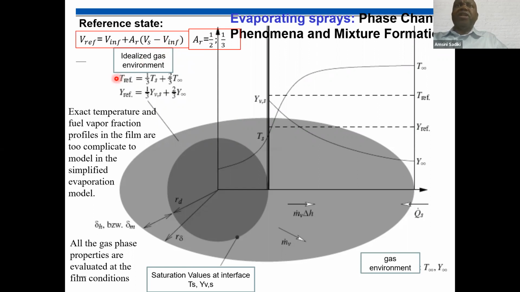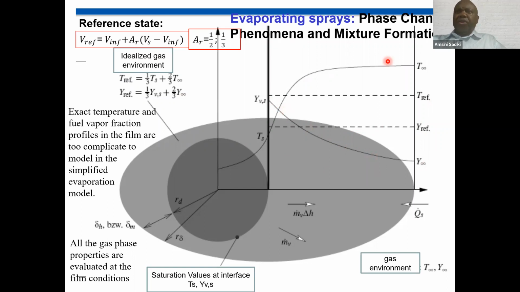By doing this for the temperature we obtain this rule, and for the mass fraction we obtain this rule, which gives the reference temperature and the reference mass fraction. The behavior is that the mass fraction will decrease and the temperature will increase.